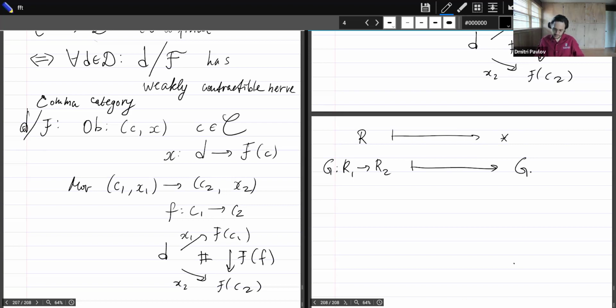And we are computing the comma category according to this recipe. The only object in the target category is a star. And I want to compute its comma category over this projection pi. Well, it has objects by definition R, an object in the source category, and you also have X, a morphism in the target category.